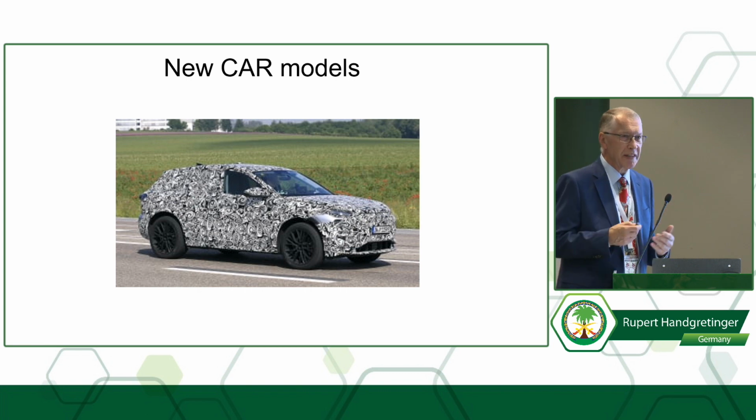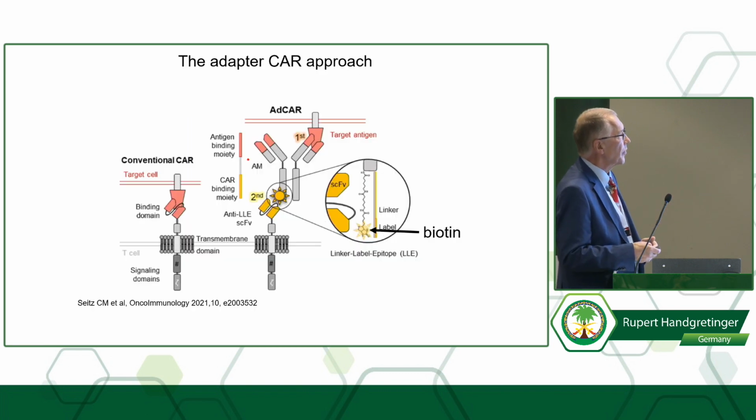So what new CAR models are out there in the future? One is this adapter CAR approach, which we are now currently working on very intensively. I have shown you this conventional CAR where this construct recognizes the target, but what we do here, we put in an adapter in between.